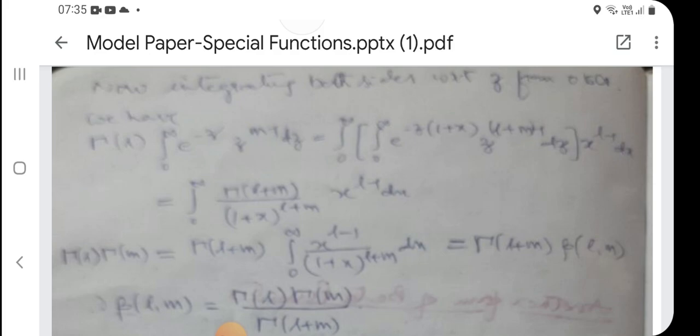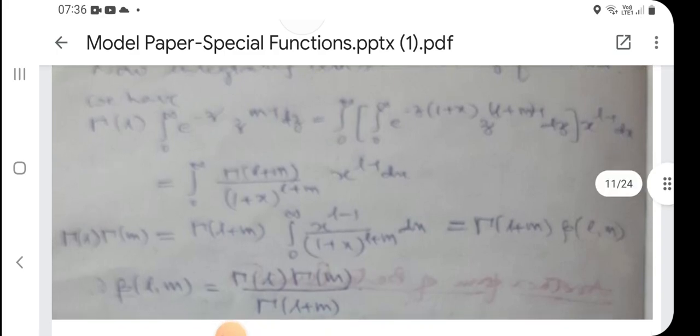So gamma L into gamma m is equal to gamma of L plus m into integral 0 to infinity x power L minus 1 by 1 plus x whole to the power of L plus m dx. That is nothing but gamma of L plus m into beta of L comma m.